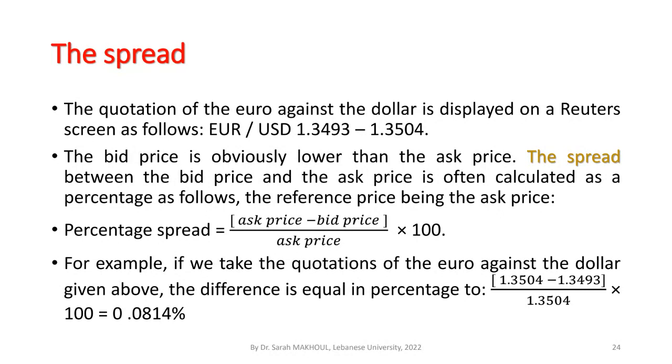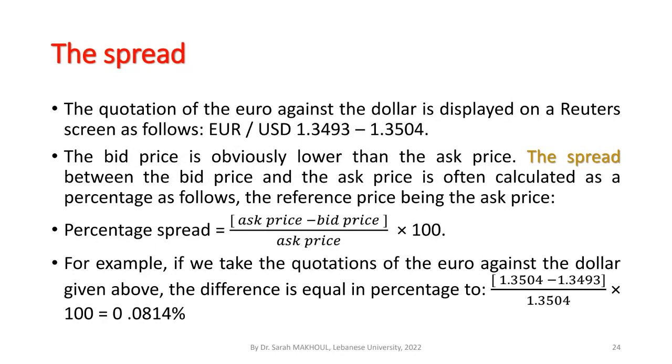Now we are preparing ourselves toward the forward market. The quotation of the euro against the dollar is displayed, for example, on a Reuters screen, as follows: euros against dollars is 134.93-135.03. 134.93 is the bid price.